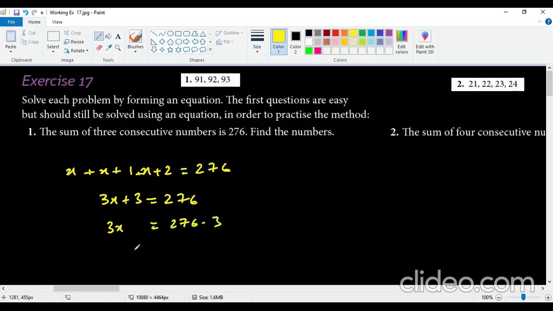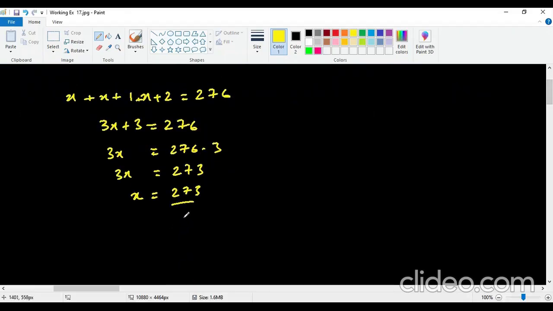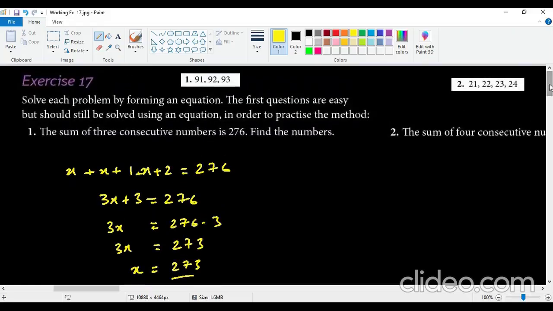So 3x equals 273, divided by 3 is going to give us, 3 times 9 is 27, and 3 times 1 is 3. So 91 is the first number. Let's see. First number is 91, 92, and 93. When we add them up, it gives us 276.